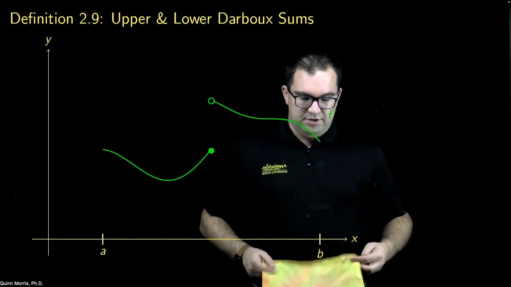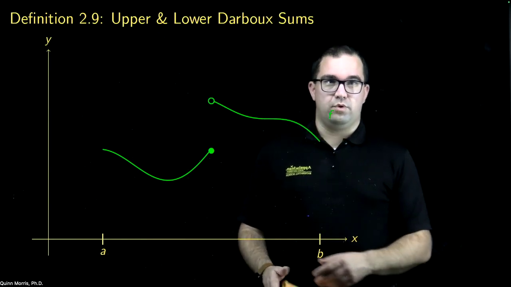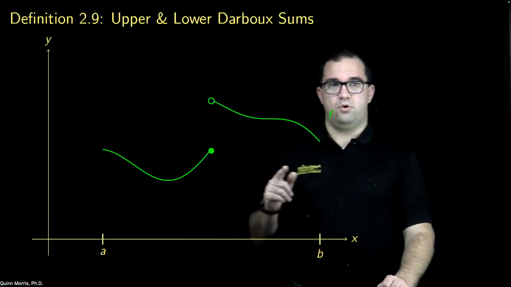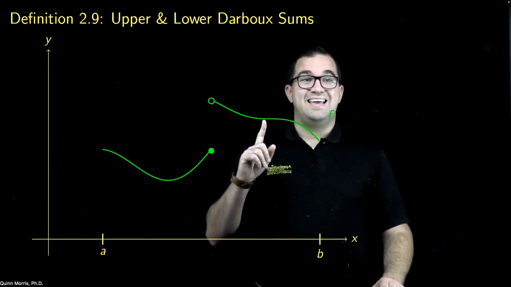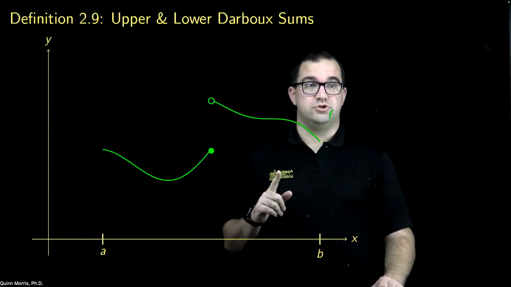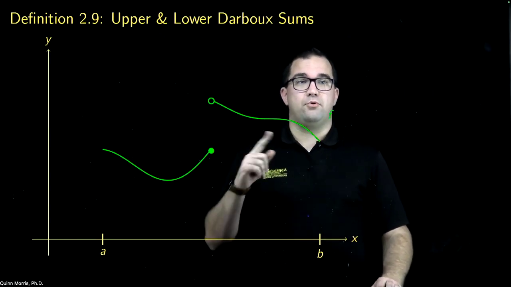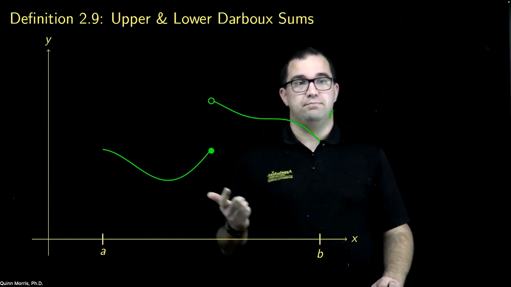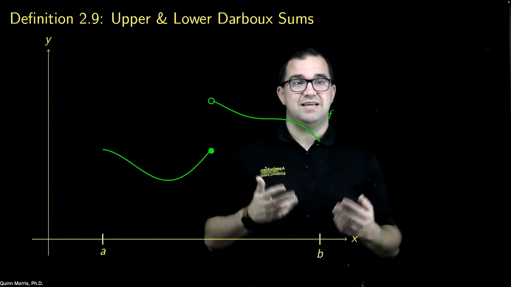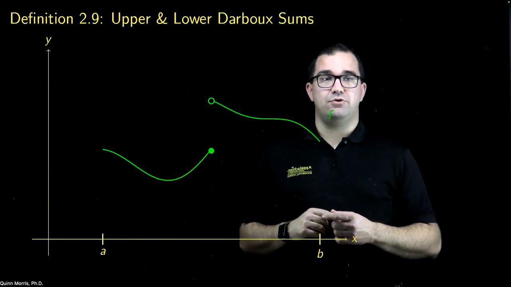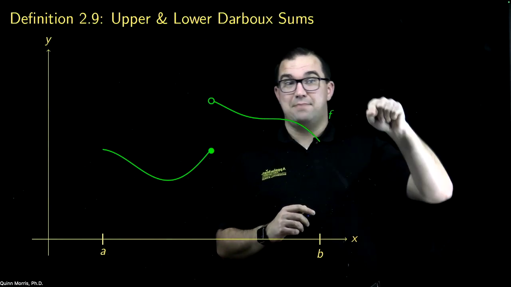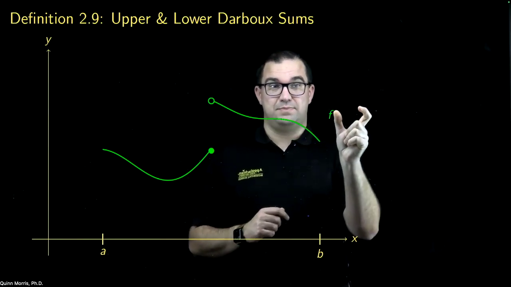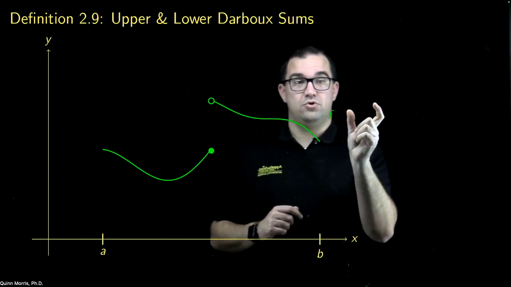Now, the last thing I want to mention before we go back through one more example about upper and lower Darboux sums is that if you have a continuous function, then every upper and lower Darboux sum can be realized as a Riemann sum. Why is that? If your function is continuous, then by the extreme value theorem, it will achieve its maximum and minimum values on each subinterval.